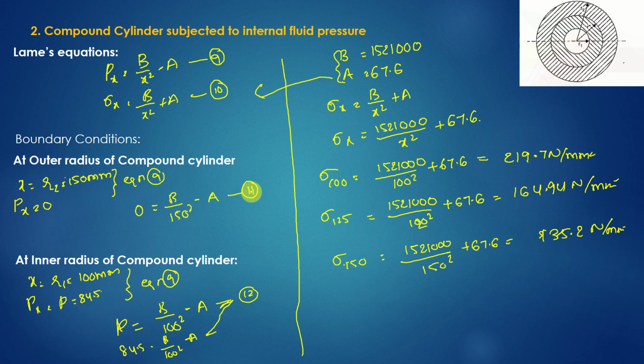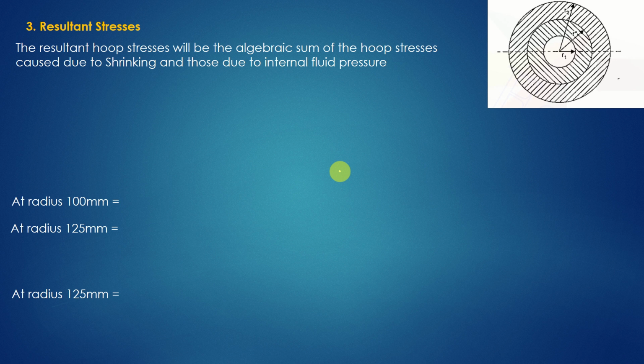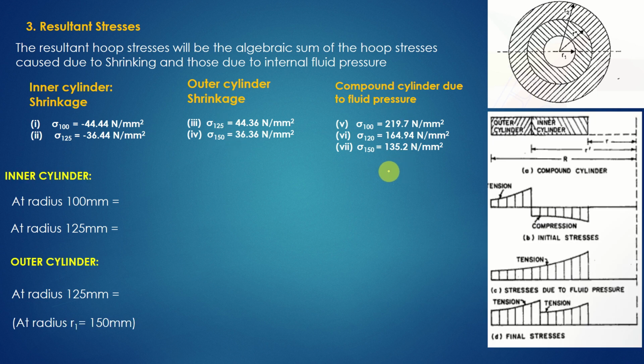We have to find out resultant stresses now. As per the definition, resultant stresses are the algebraic sum of the hoop stresses due to shrinkage and due to internal fluid pressure. So till now we have these values. Inner cylinder shrinkage, all these values we got here, and this is for the outer cylinder, and for the compound cylinder, these are the values. See here at radius 100. So let us join due to shrinkage, due to fluid pressure.